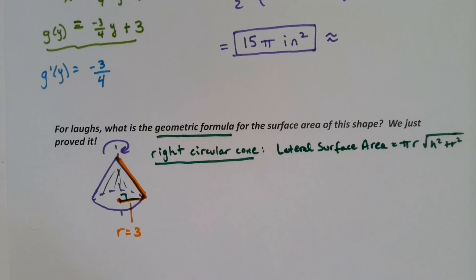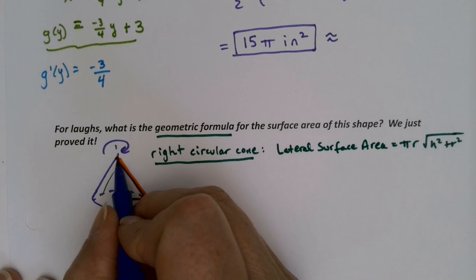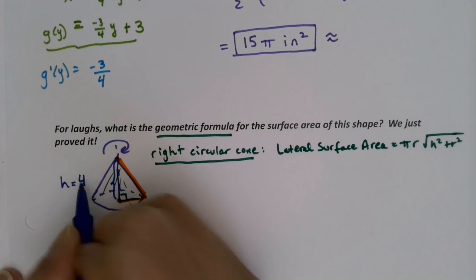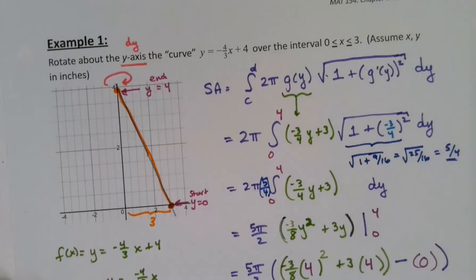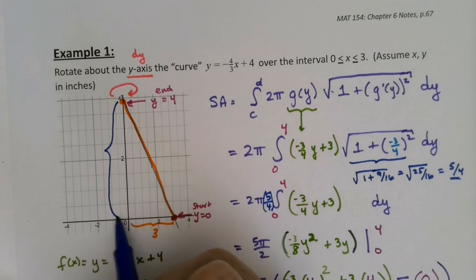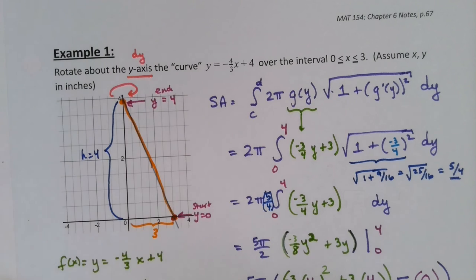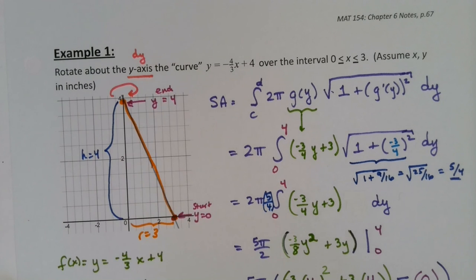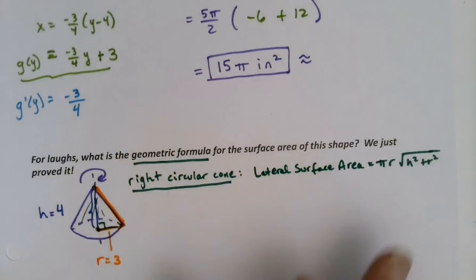And then we also need to know the height of the cone. The height is h, which is 4, again because of back here. So if the radius is 3 and the height is 4, imagine it rotating around. It's going to form you a cone, the kind you put ice cream in, right?